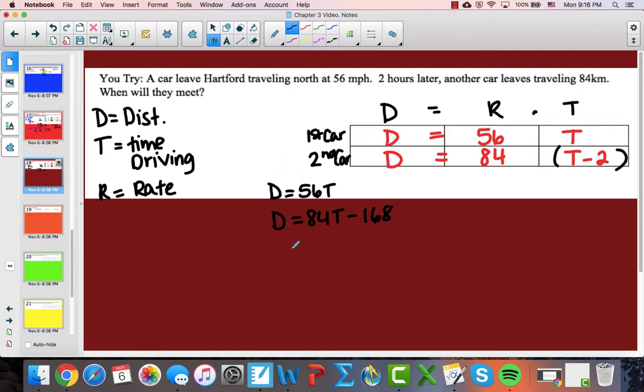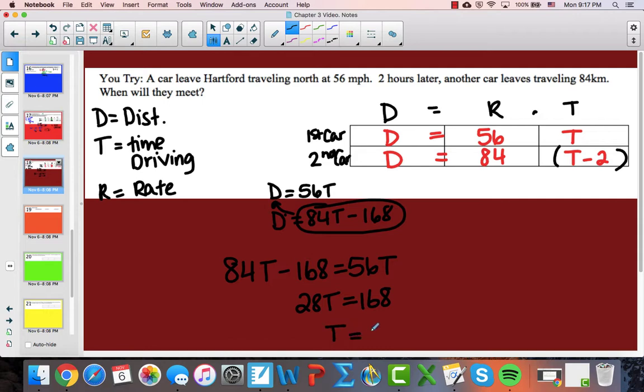Great place to use substitution, so I'm going to substitute this in for D into the first equation. So 84T minus 168 equals 56T. So 28T equals 168 by balancing the equation, and T equals 6. I go back to the question being asked, when will they meet?